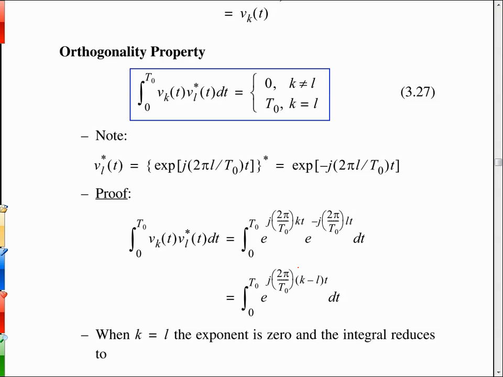So that's what this property sets out to establish, that if we take v_k of t times v sub l conjugate and integrate it over one period, we get 0 if k does not equal l, and we get T naught if k equals l. So under this condition, this is like dotting the i unit vector with the i unit vector.